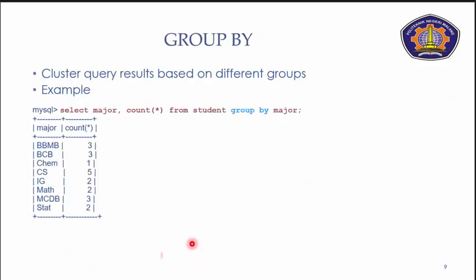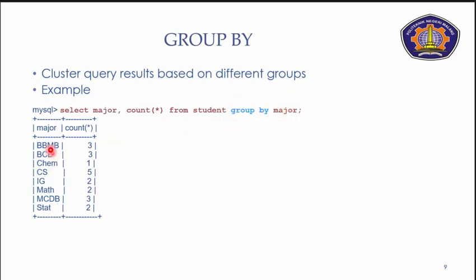Another one is group by. Group by clusters the query result based on different groups. In this example, it groups the selection by major. I want to select major, and then count all the rows in the student table, and group it by major.